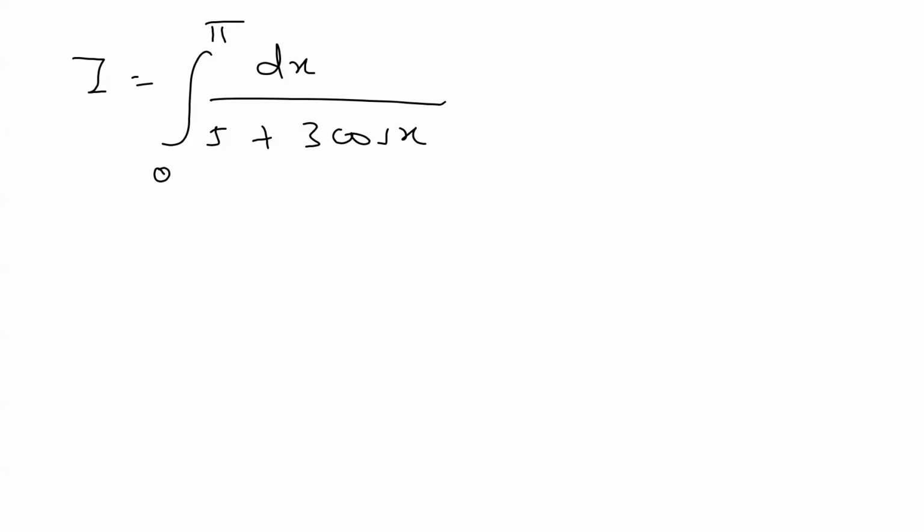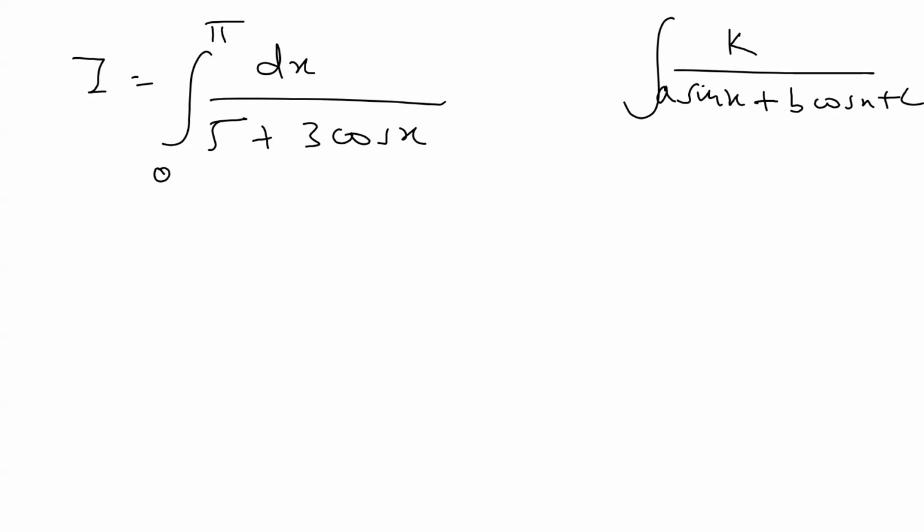Now see, whenever there is sine and cos term in the denominator, we have a specific type that's constant upon a sin x plus b cos x plus c. A, B, C are constants and they can be positive or negative. So out of these three, any two terms will be there or all three terms will be there. So the method for such kind of problems is put tan x by 2 is equal to t.